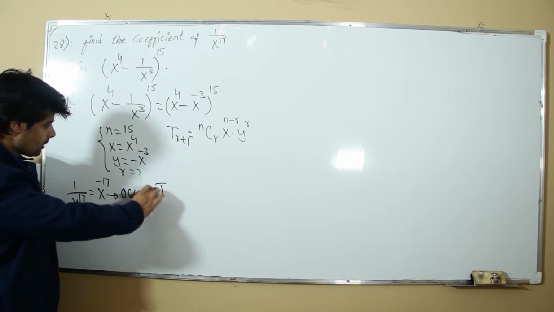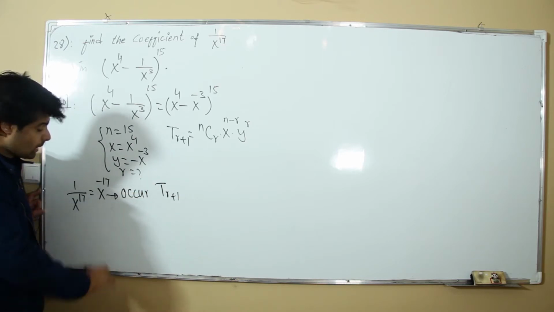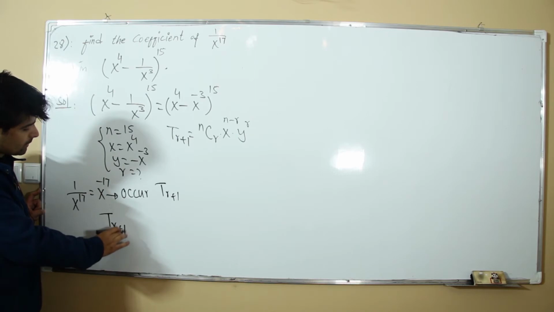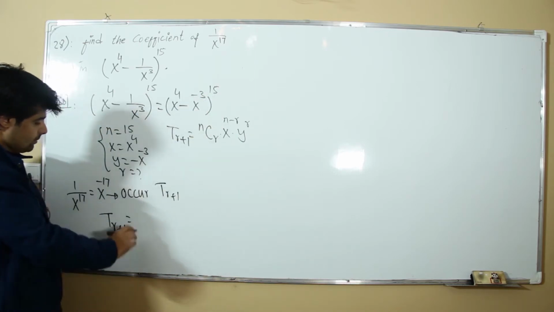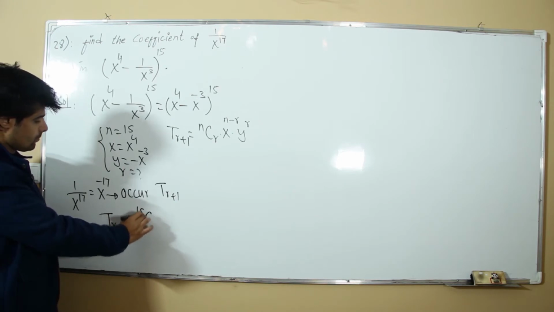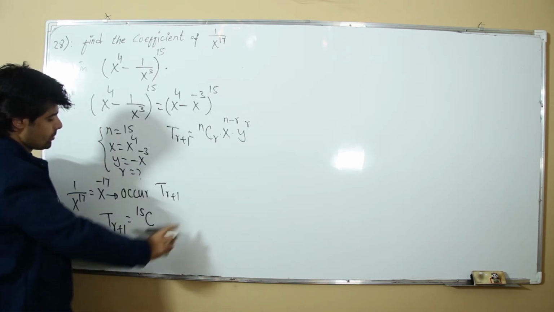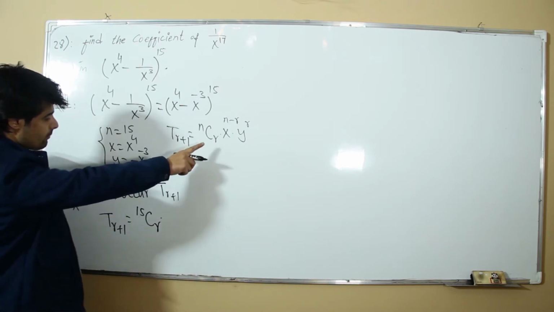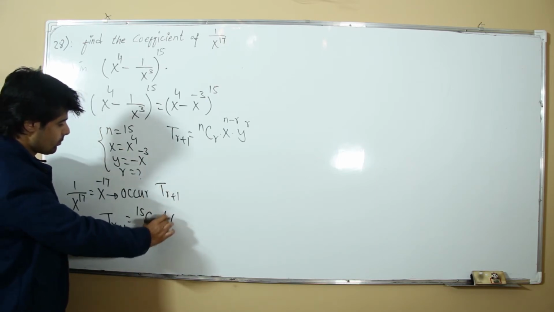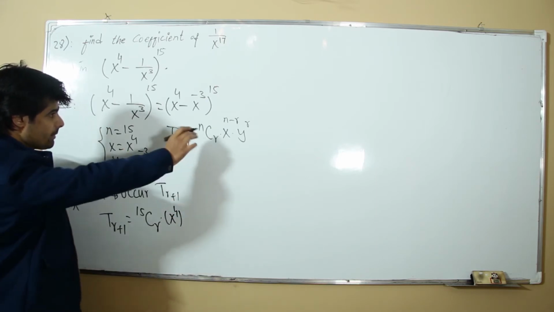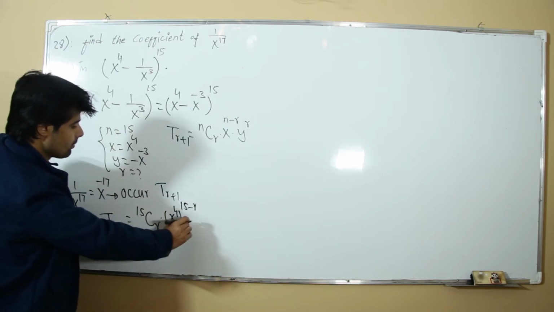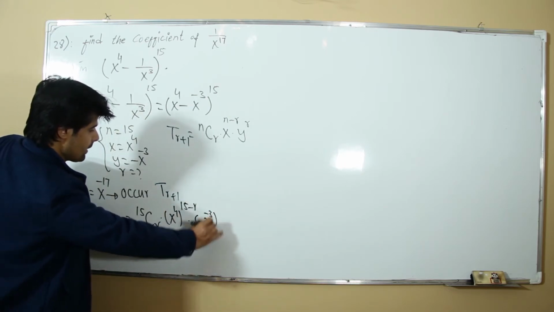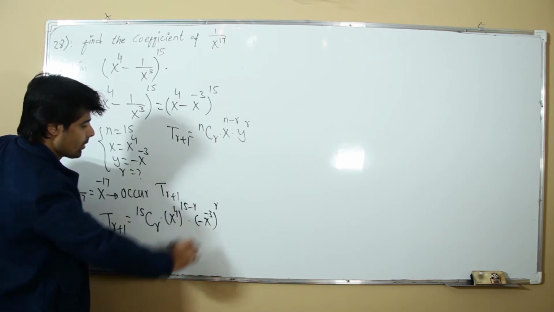in t r plus 1. So we will have t r plus 1 is equal, and instead of n you have 15 c r, and instead of x you have x to the power 4 to the power n minus r, 15 minus r, times, and instead of y, minus x to the power minus 3 raised to the power r.